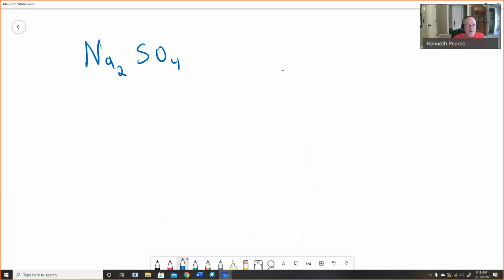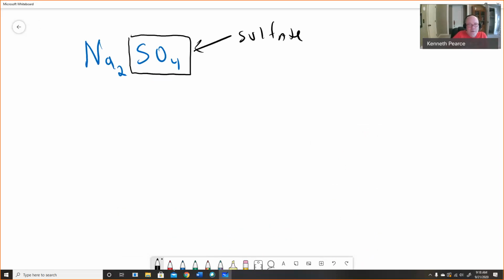So here we have sodium with a sulfate, and you have to memorize the table so that you don't say something like sulfur tetroxide or something like that. This is a sulfate. And so we name the metal, which is sodium, and the fact that there's two of them doesn't matter.